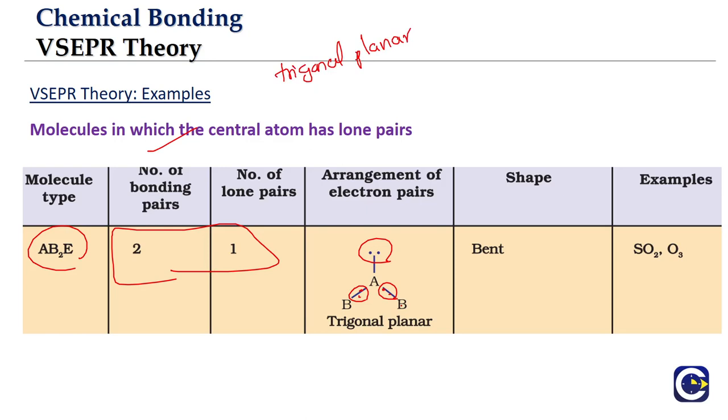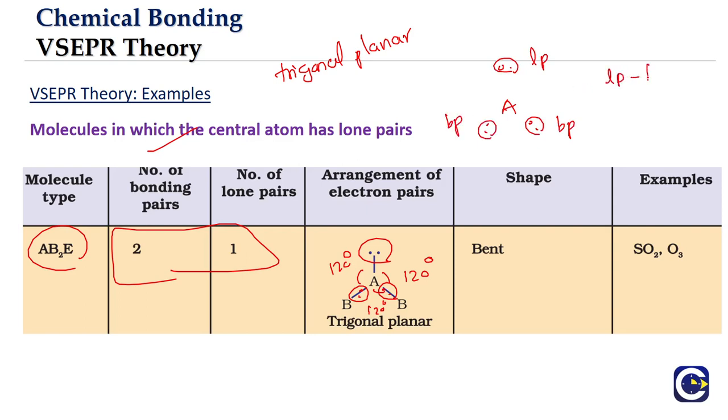Okay. And here what do we expect? Trigonal planar means we'll expect the angle between the electron pairs to be how much? 120. But if you look at it, what actually is going to happen? You'll have a lone pair. Okay, so here we have a bond pair. Here we have a bond pair. What is the order of repulsions?